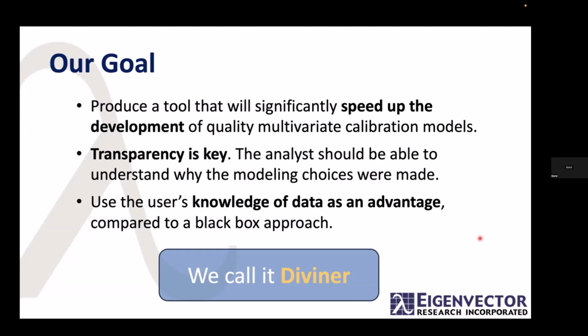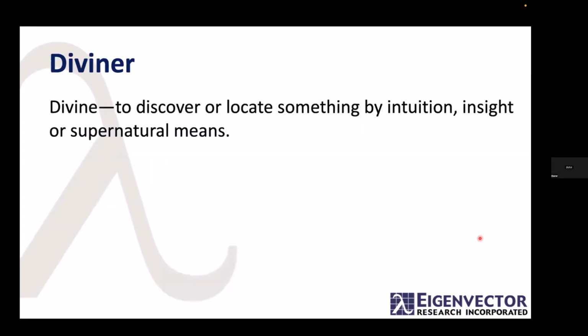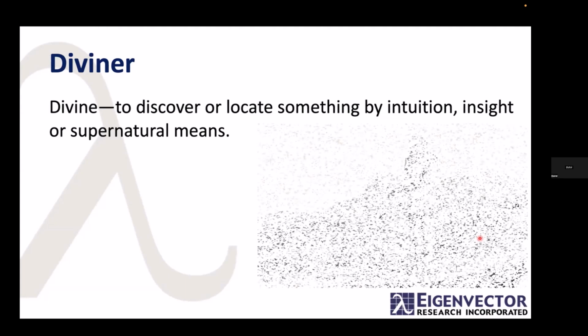We call our approach Diviner. So why Diviner? Well, to divine is to discover or locate something by intuition, insight, or supernatural means. Okay, it's not supernatural, but we certainly do think that you can use your intuition and insight.